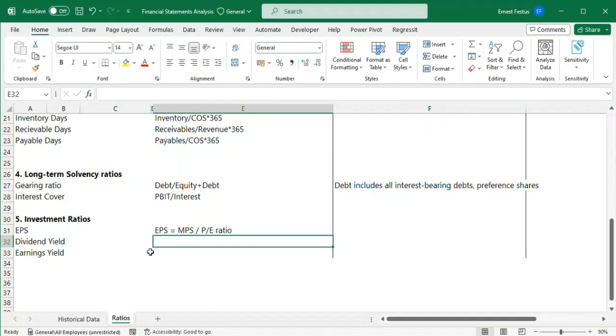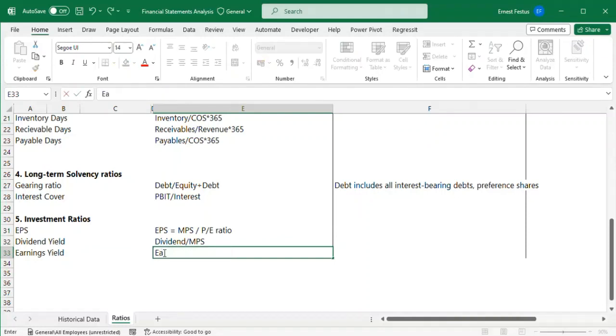Then the dividend yield, as we can see, is equal to your dividend divided by the market price per share. The earnings yield follows the same trend as the dividend yield.